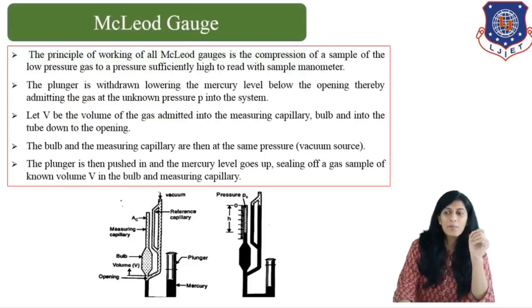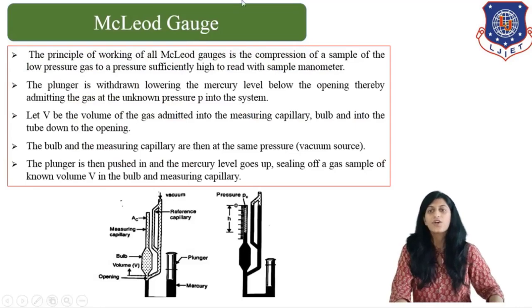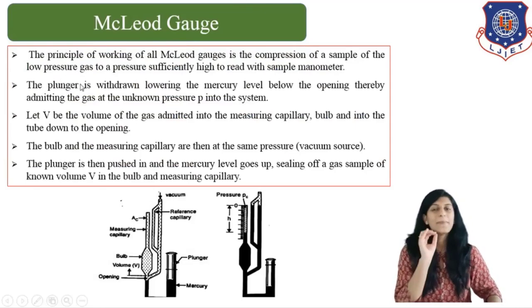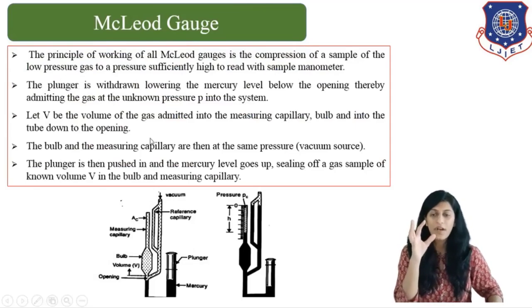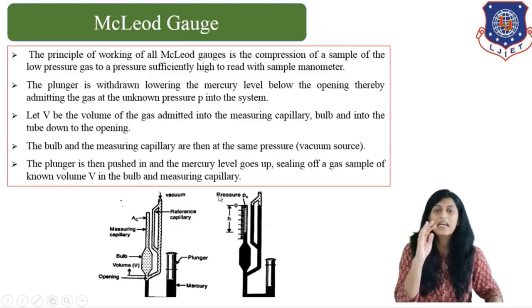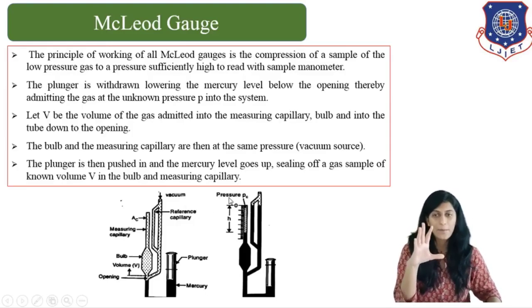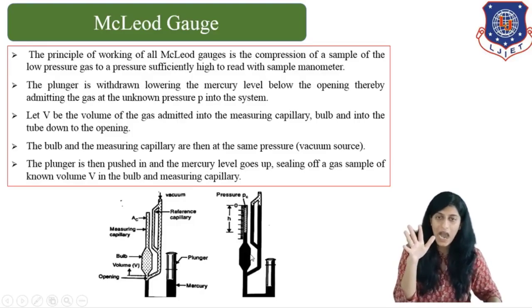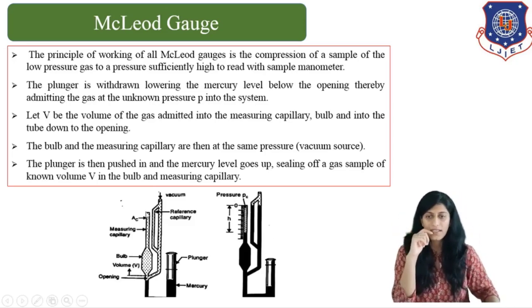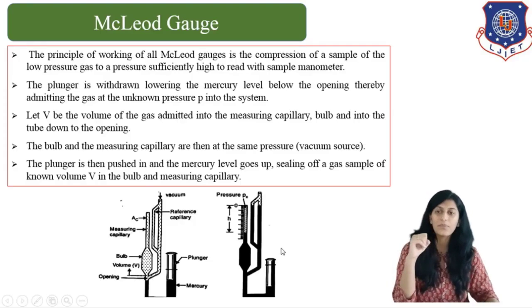Next is the McLeod gauge. So, in this McLeod gauge, the basic principle of working of this equipment is compression of a sample of low pressure gas to a pressure which is sufficiently high to read on the sample manometer. What we are doing here is, we are just providing vacuum to one end of the equipment and then trying to determine the pressure.